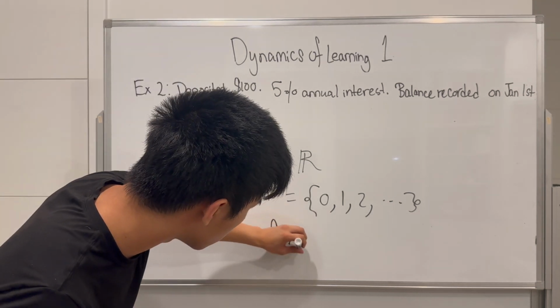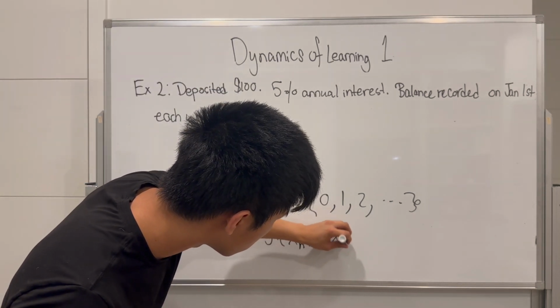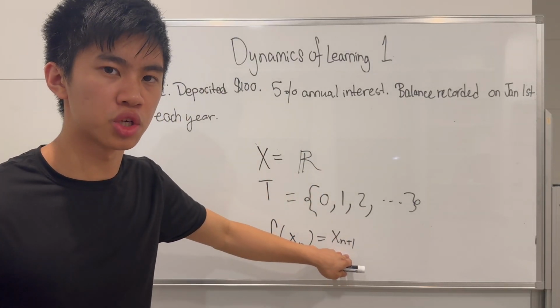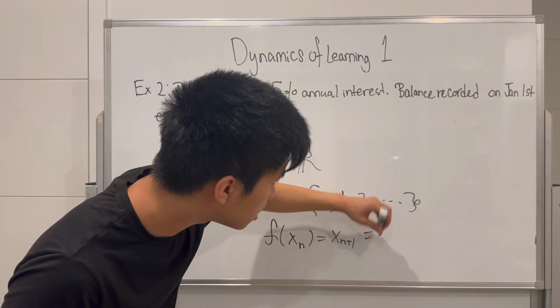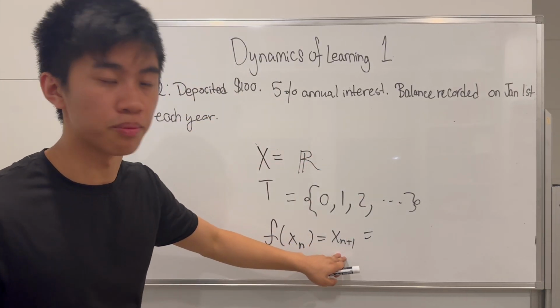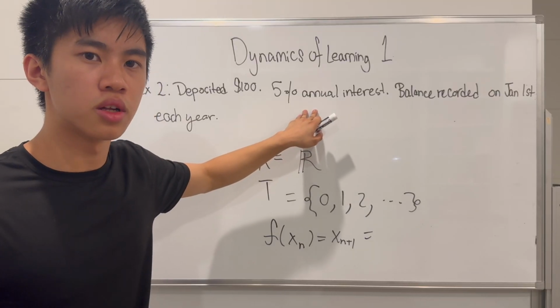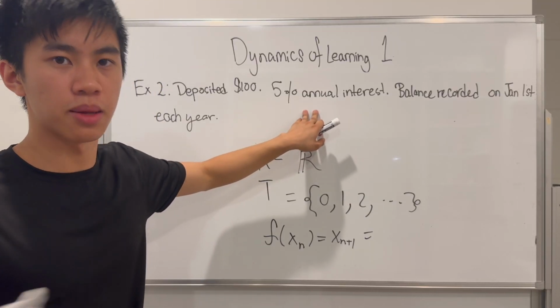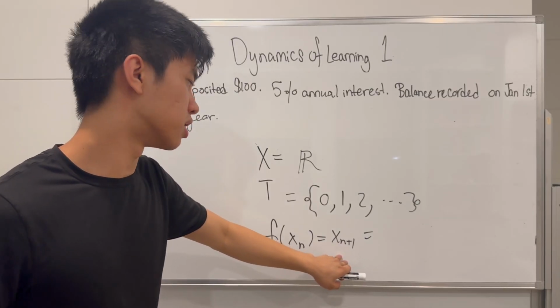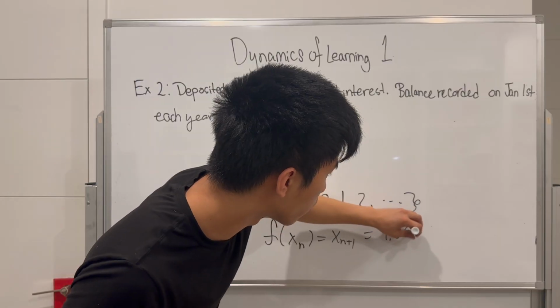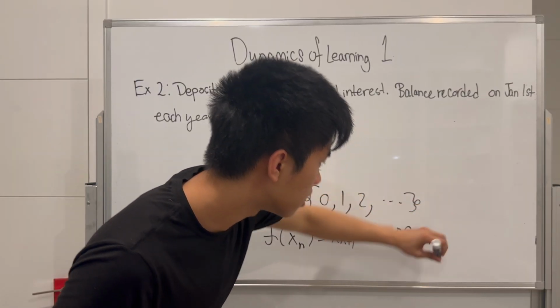Well, when defining the relationship between the n plus 1th term and the previous terms, we really only need to be concerned with the nth term. So, for example, time step 2 is going to have 5% more money than time step 1, and likewise, the n plus 1th term is going to be 5% more, or 1.05 times x of n.